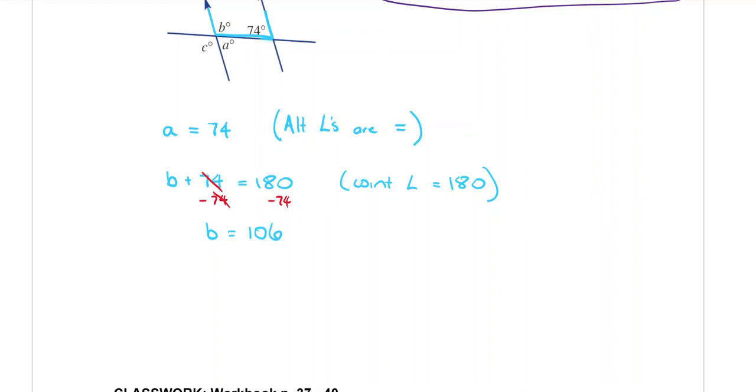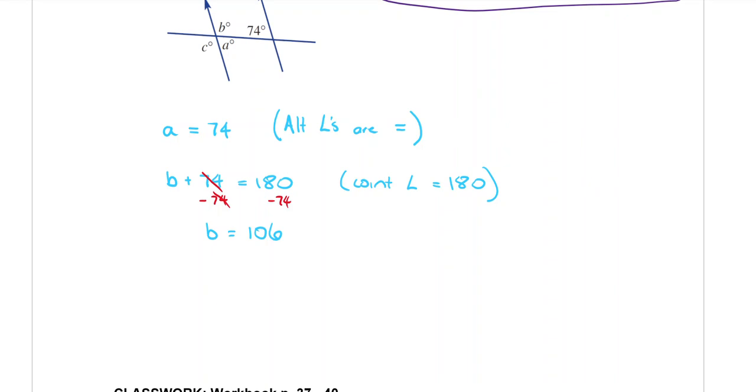To get C, C is all the way over here, and the 74 is over there. Even if I join that up, that's not an F shape. That's a bit weird looking. So I can't use my parallel line rules. I'm going to have to use something else.